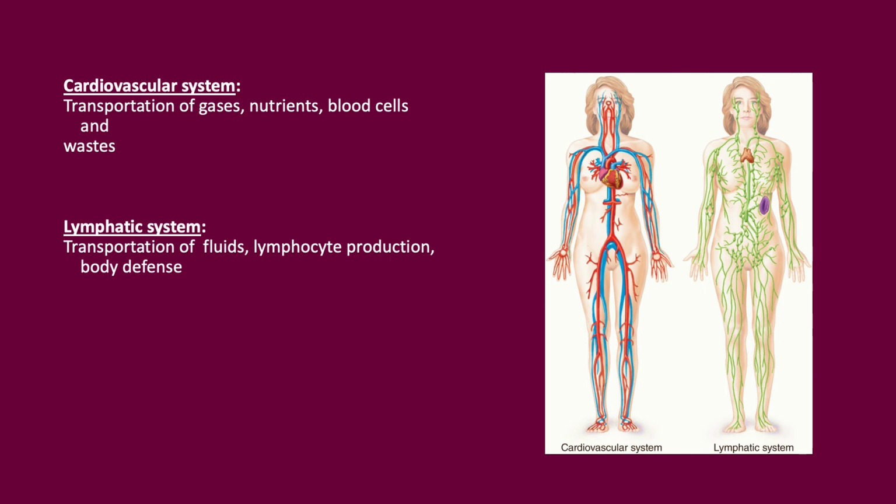And now the lymphatic system, which is the transportation of fluids, lymphocyte production, and body defense. So there you have it. I've introduced all 11 systems. Somebody asked you how many systems we have? 11.